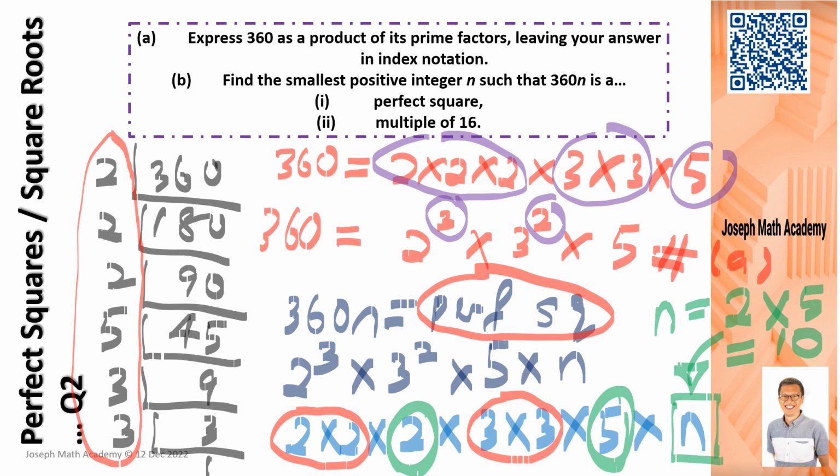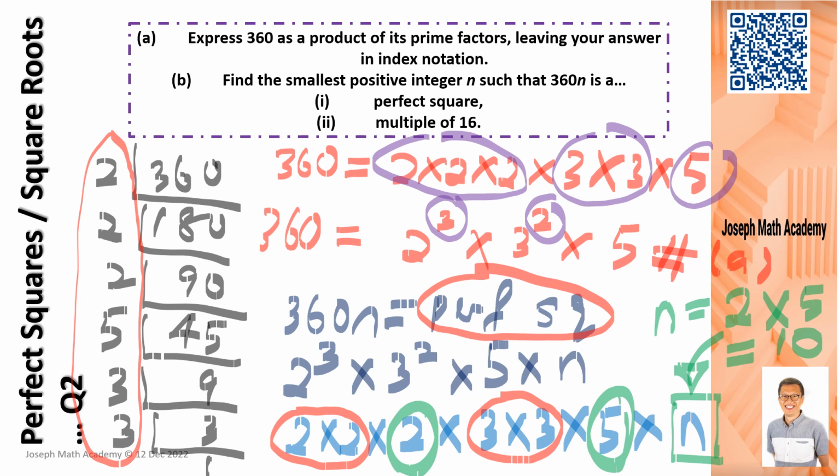Okay? Alright? So that means if we multiply 2 and 5, that means if we multiply 10 to the expression 360, we will get a perfect square. So n has the value of 2 times 5 equals 10. So n is 10. Okay, let's take a look at part 2.